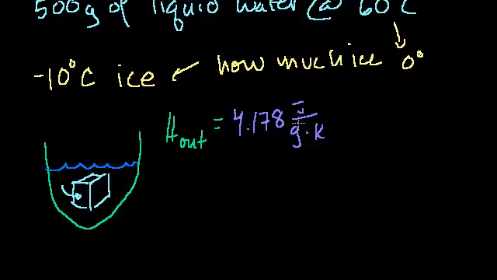And I have to multiply that times the number of grams of water I have to take the heat out of, which is 500 grams. And then I multiply that times the temperature differential that we care about.